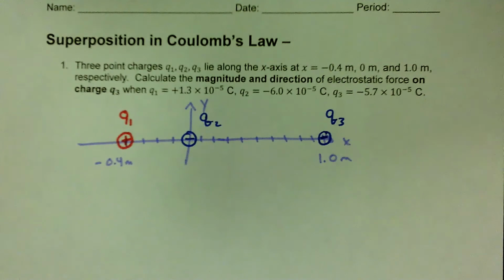Now, the equation is k Q1 Q2 over r squared, right? It's not k Q1 Q2 Q3 over r squared. So we've got to figure out how we are going to deal with this if we've got more than 2 charges. Any thoughts? You could average them, but that's actually not going to give us a reliable answer, because that would give the same answer for each of the charges.